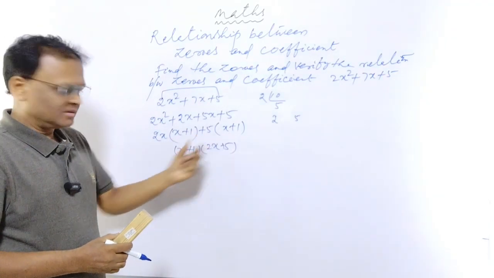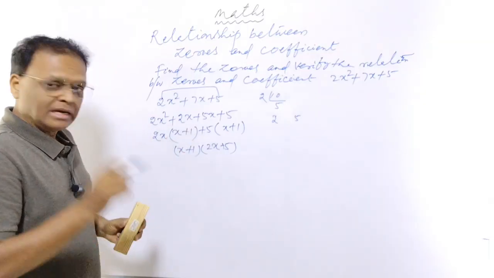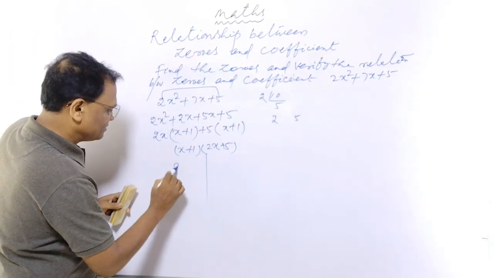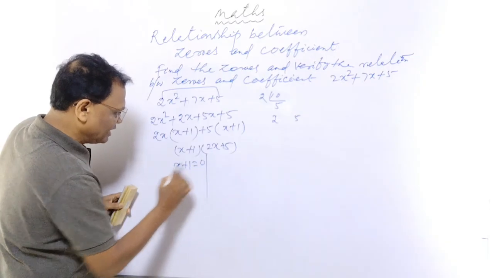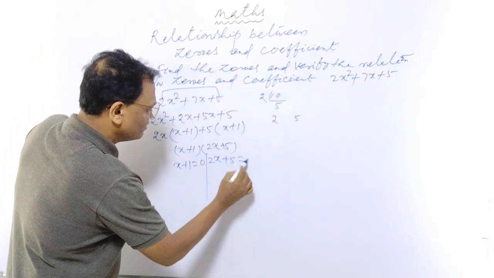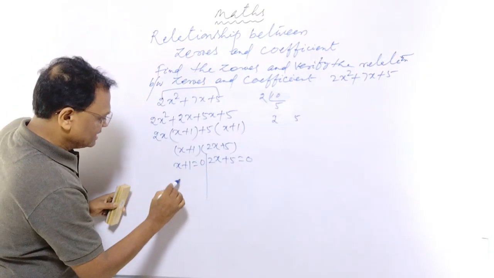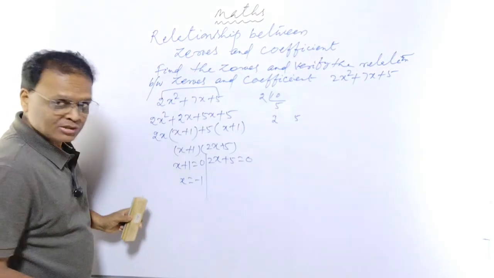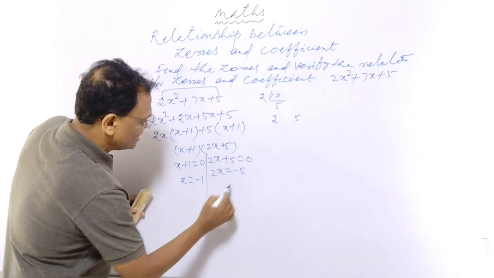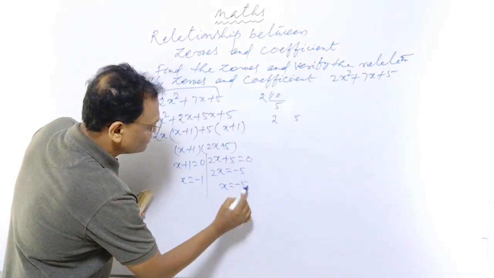Let me find the zeros. If I find the zeros, what am I going to get? x plus 1 equals 0 and 2x plus 5 equals 0. This gives me x equals minus 1 and this gives me 2x equals minus 5, whereas x equals minus 5 by 2.